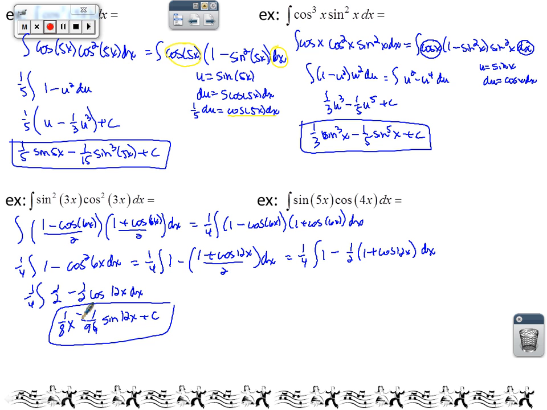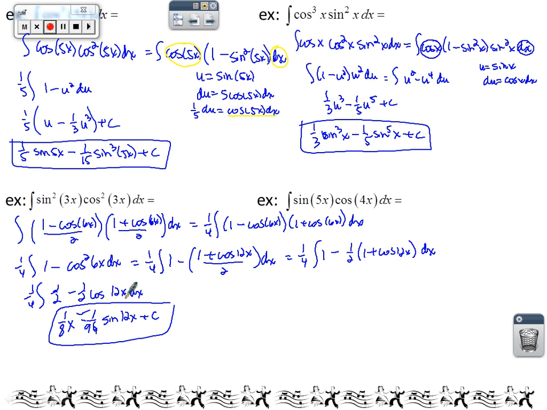This is a minus. 1/8 x minus 1/96 sine 12x. Okay, how did I get the 96? It's the 1/2 times the 1/4 times the 1/12. Because it's a little baby u sub, the 12x. Okay?